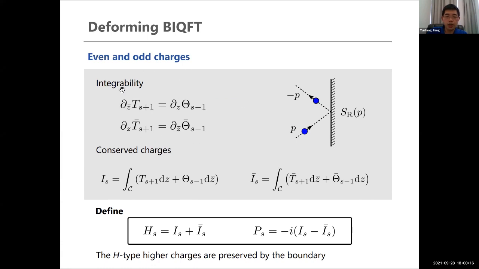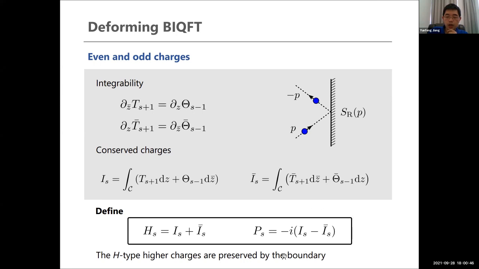Again, we start with the bulk. In the bulk, we have this conserved current, as we said before. From this conserved current, you can construct integrals of motion, which we denote by I_S and I bar_S. Then you can take a combination of I_S and I bar_S to define H_S and P_S. This P_S type of conserved charge is like the momentum.